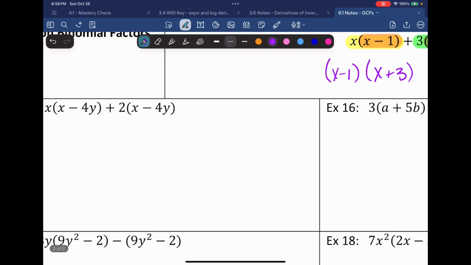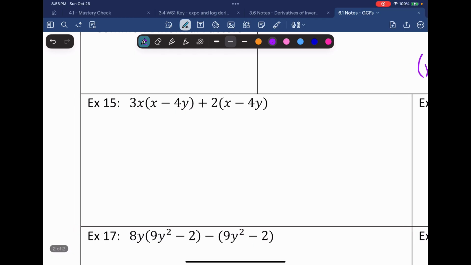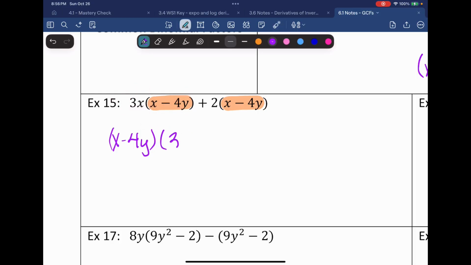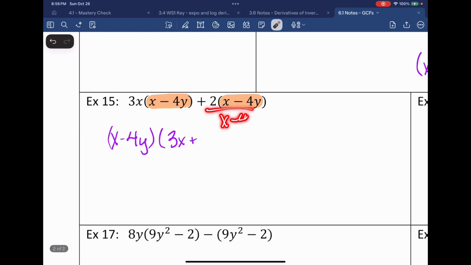Okay, so let's look at this one. The common binomial factor, x minus 4y. Okay, so if I think about it, x minus 4y cancels, and we have 3x left. x minus 4y, 2 is left.